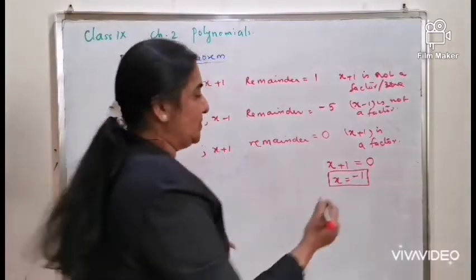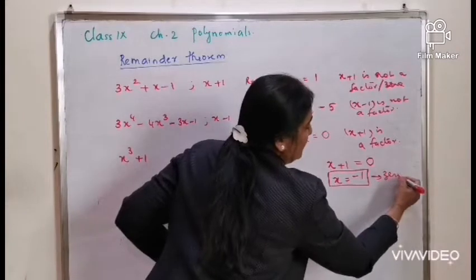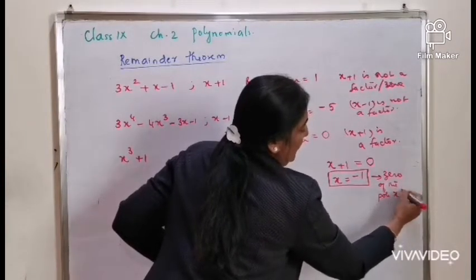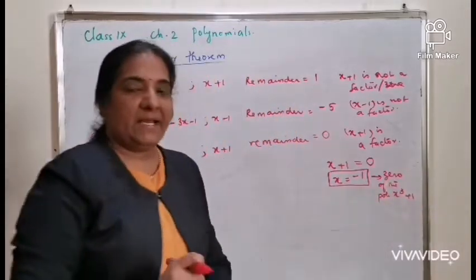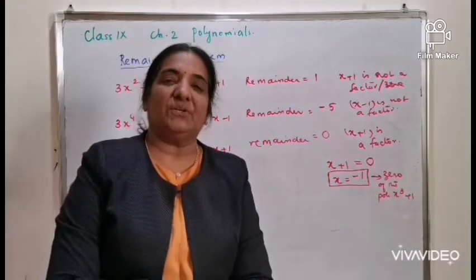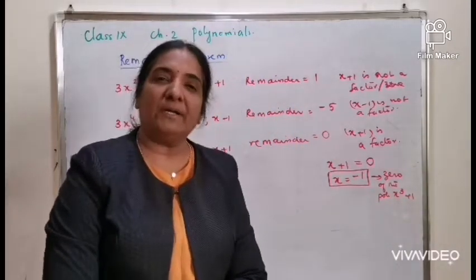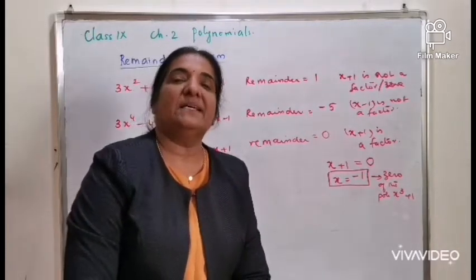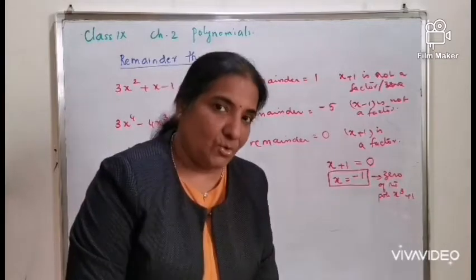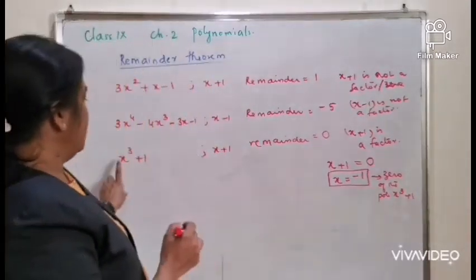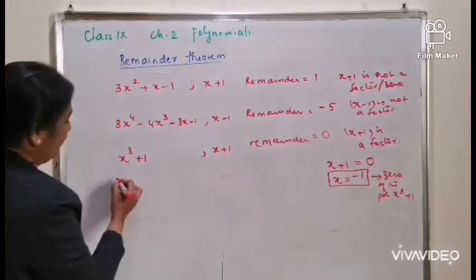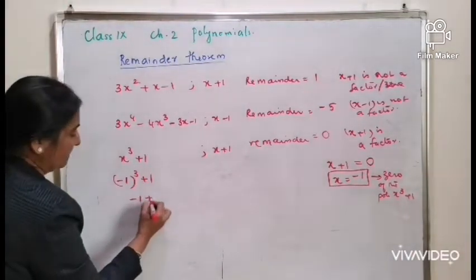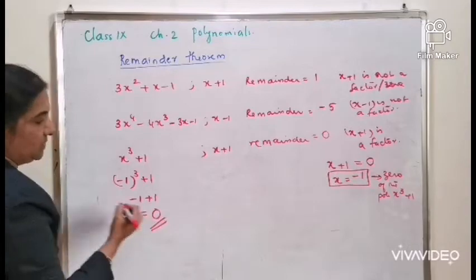So x equal to minus 1 is a 0 of the polynomial x cube plus 1, and by definition the 0 of any polynomial is that value of the variable which makes the polynomial a 0 polynomial. If you substitute, you can see minus 1 the whole cubed plus 1, minus 1 plus 1, is giving you 0.